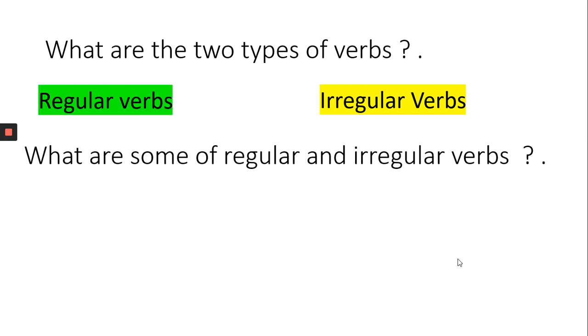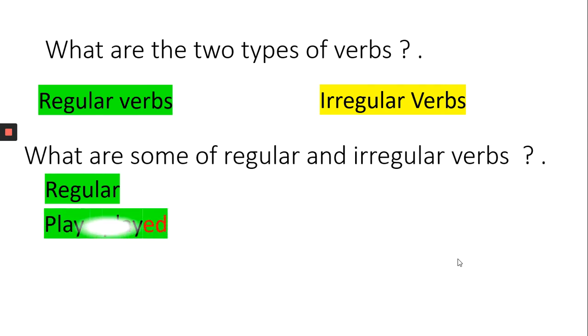What are some regular and irregular verbs? Question 2. Let's take some examples of regular verbs. The word regular means something that happens every time. A regular verb is a verb like play, played.